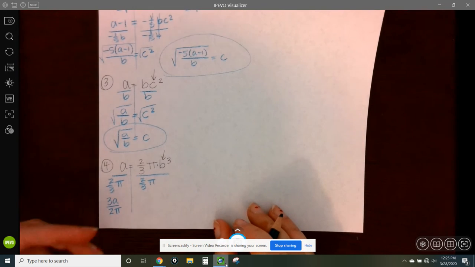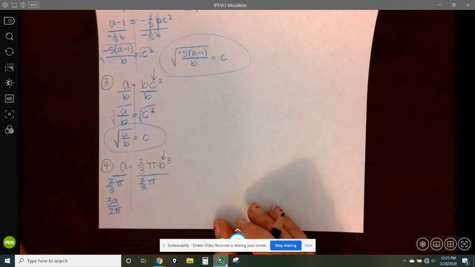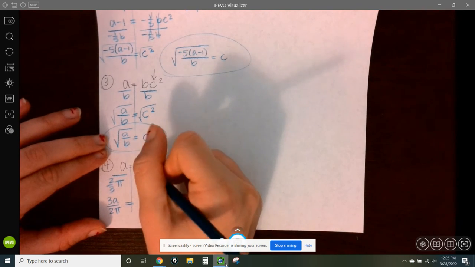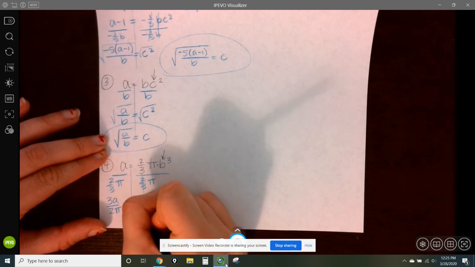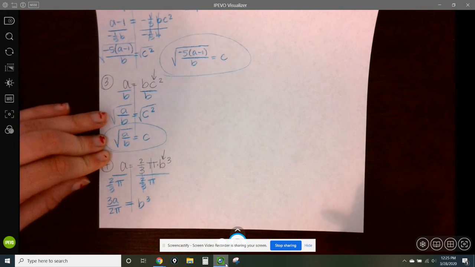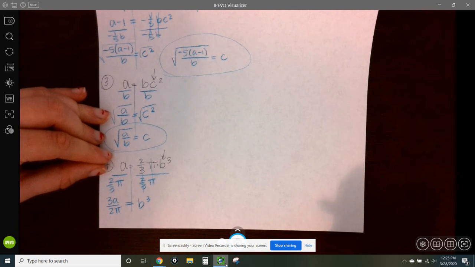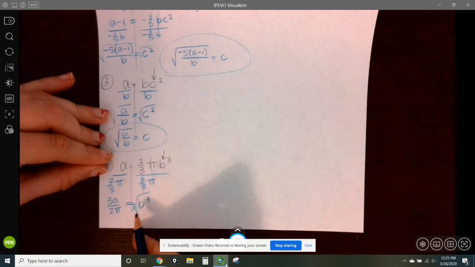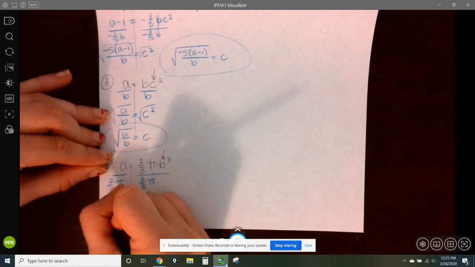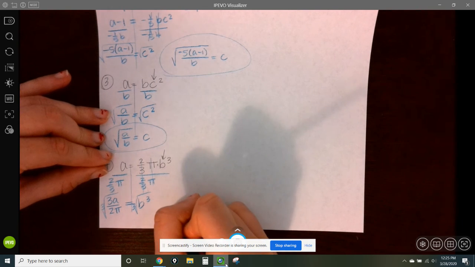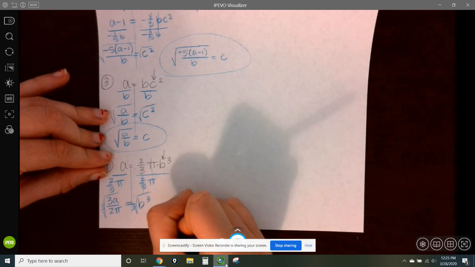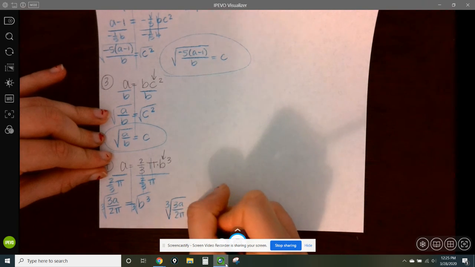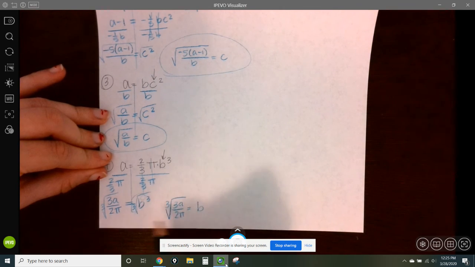On the right, those canceled out, and I just have b cubed. The opposite of cubing something is cube rooting it. It looks like a square root with a 3 in it, a cube root. My final answer comes out as the cube root of 3a over 2 pi, and on the right, I just have b.